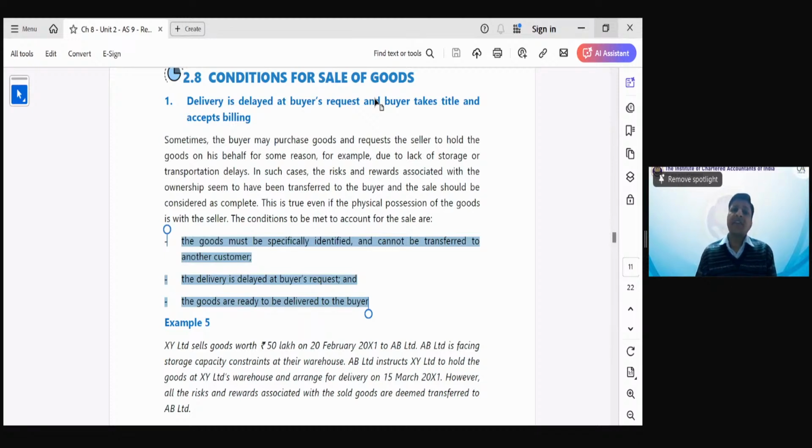Tell me, Tambeshwari, waiting for a response. 20th of Feb. Yes, that's exactly correct. Because on that particular date, risk and reward attached to the goods have been transferred to the buyer. Okay, clear? All right.